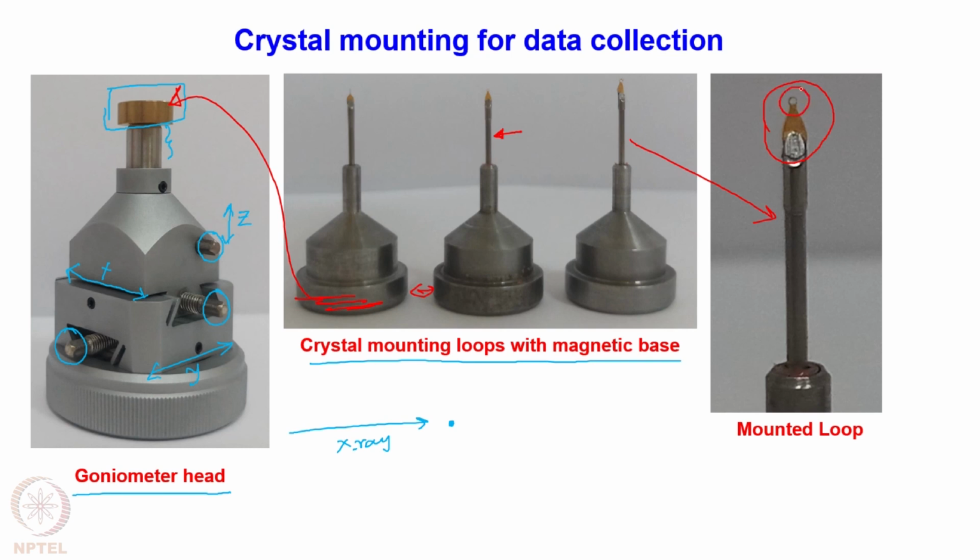So the crystal that we have chosen, which may be of some shape, which may be needle, which may be block, which may be a thin plate, whatever, is mounted on that loop using some very thick oil.